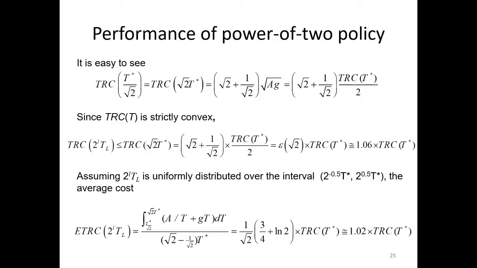When you do that, you'll find that the total relevant cost calculated using the power of 2 policy for that item is going to be within some factor multiplied by the total relevant cost when T star is used. This can be a representation of how much of a deviation I will get when I apply the power of 2 policy.